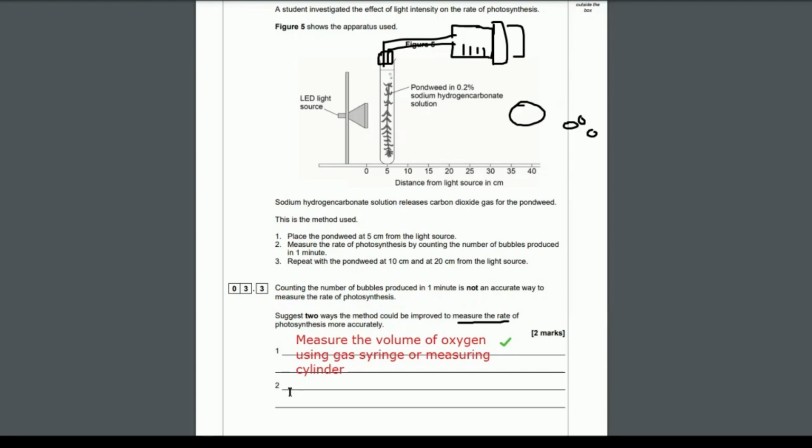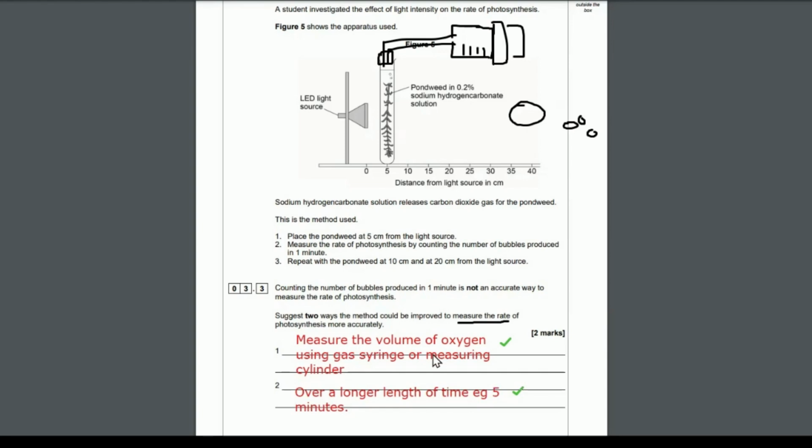If you do it over a longer period of time, then any random error is going to have less of an effect on your results. So you're going to get closer to the true value. So over a longer length of time, e.g. 5 minutes. If you were counting bubbles in a minute, you might make a mistake with 1 bubble and it'll affect your results.